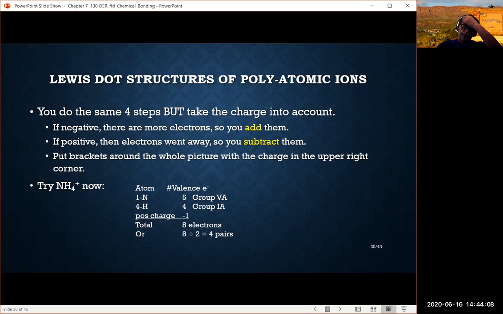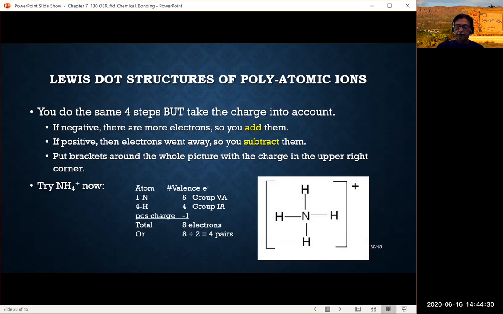Okay. So in this case, because it's a positive polyatomic ion, we subtract. And so we have 5 from nitrogen, 4 for the hydrogens, and then because that's a positive charge, we take 1 out. So we have 8 valence electrons or 4 pair. Okay. And that is the formula. 4 pair.